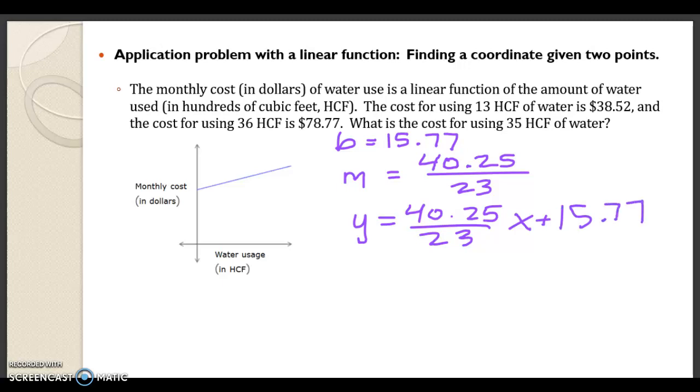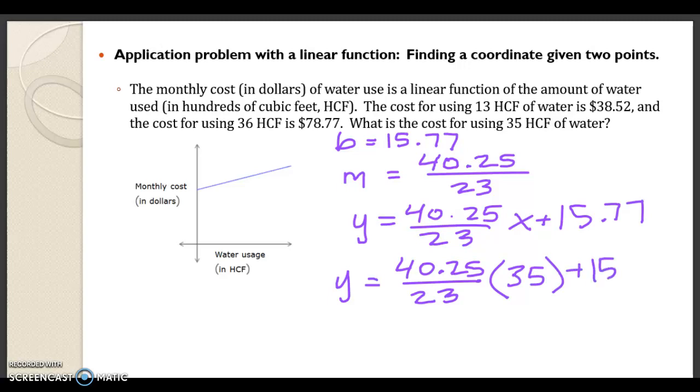And I want to know what my output is, or what my monthly cost is, when I use 35 HCF, which is my x value, right? So my y is going to equal my slope, 40.25 over 23, times my x of 35, and then I'm going to add 15.77.